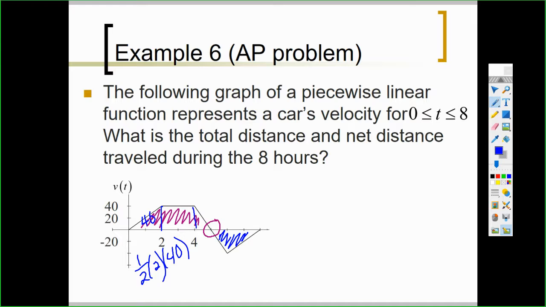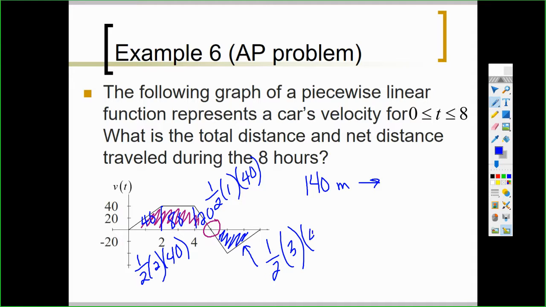And then from 2 to 4, it's 2 by 40, so that's 80 miles traveled. And then from 4 to 5, it's 1/2 base times height, which is 20. So I've gone 40, 80, and 20. I've got 140 miles basically in one direction. And then I look at this triangle, 1/2 base times height. My base is 1, 2, 3.